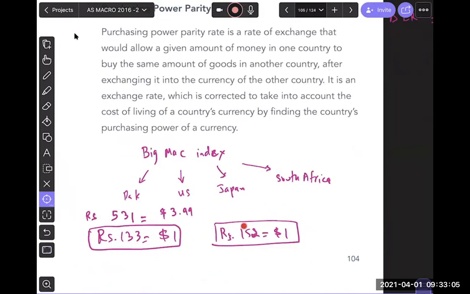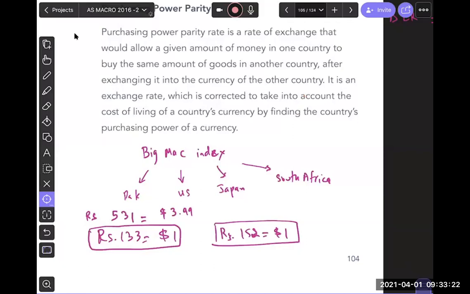Sometimes the nominal exchange rate is more or less than the purchasing power parity rate, depending on the country you're looking at, primarily because exchange rate does not take into account purchasing power parity.